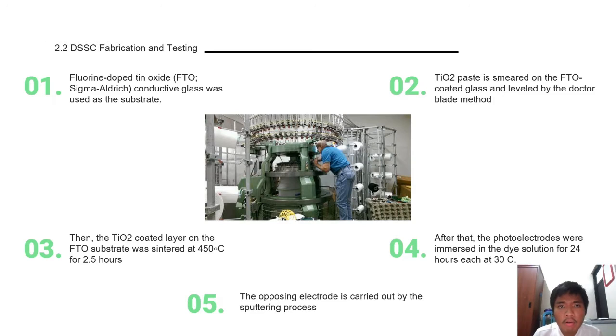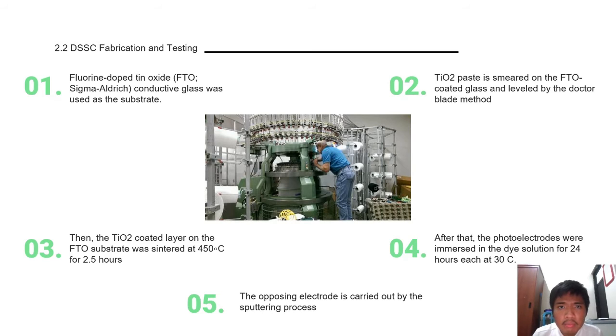For number 4, after that the photoelectrodes were immersed in the dye solution for 24 hours each at 30 Celsius. For the last, number 5, the counter electrode is made by the sputtering process. Cathodic platinum was deposited on FTO glass in a vacuum tube at 9.5105 torr.